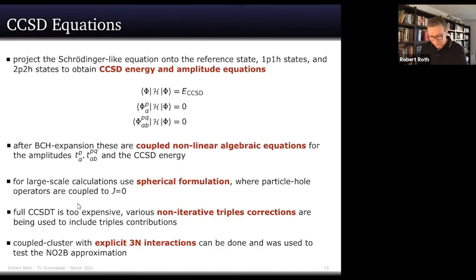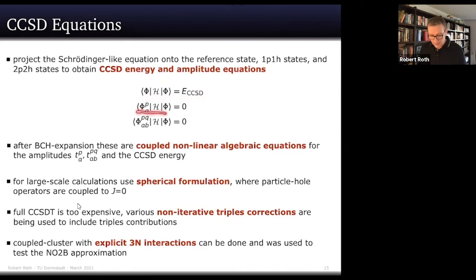Then you are faced with a computation of these matrix elements of your similarity transformed Hamiltonian and the reference state and particle hole excitations. And this is a tedious calculation, but you can do that. In order to evaluate the similarity transformed Hamiltonian, you use a Baker-Campbell-Hausdorff expansion to get a handle on these exponentials, but this is technical stuff. You can do that. And just from looking at the original equation, this thing here will give you the energy.